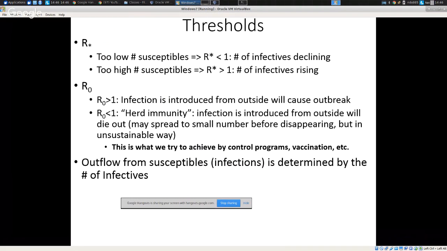Now, I want to make the analogy here with R star to a very special situation, which goes by the name R naught, R0. R0 is R star in a very particular situation, where no one is infected right now.